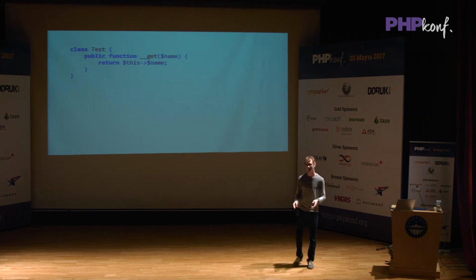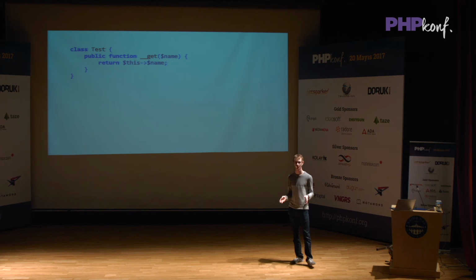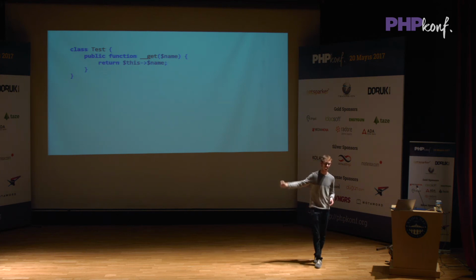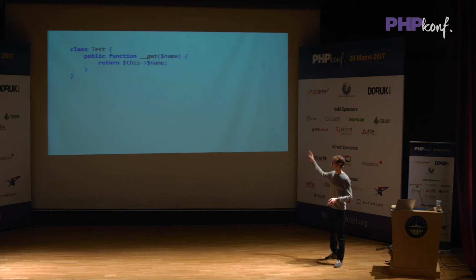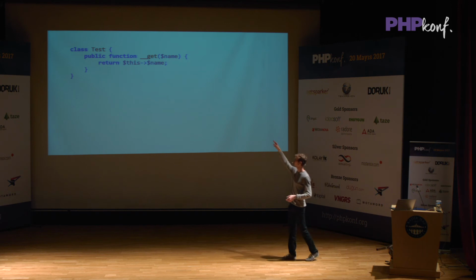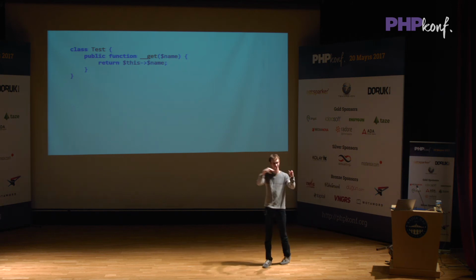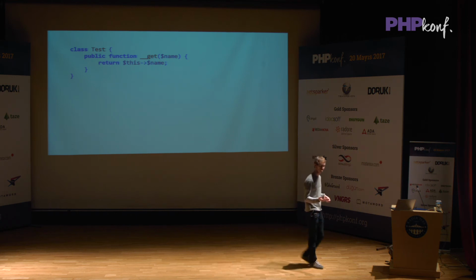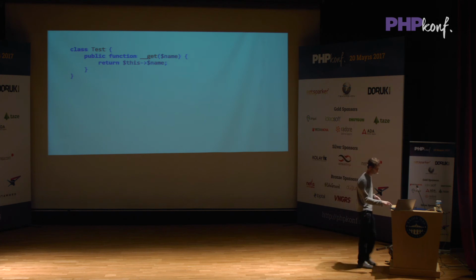The only place where PHP actually checks for recursion is magic getters. So this code will not cause recursion. You might think it causes recursion because we just access the same property again, so it could call get property and then again get. But it doesn't. So we protect against that.